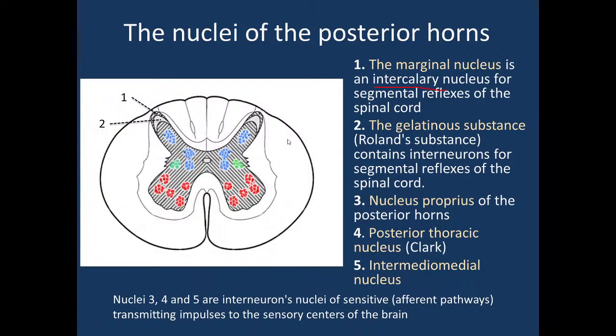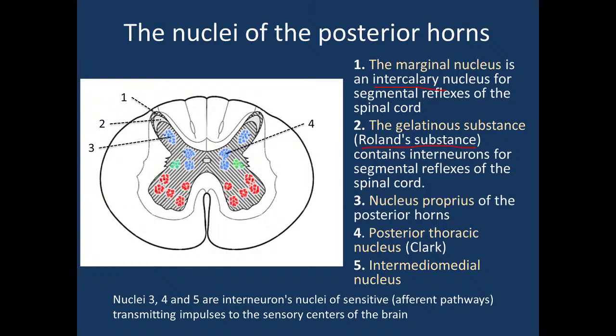The second one is the gelatinous substance, or substantia gelatinosa in Latin. Sometimes we call it Rolando's substance. It contains interneurons for segmental reflexes as well. The third is the nucleus proprius.